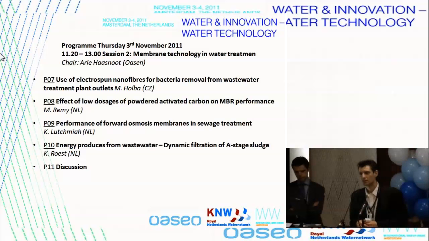You separate the hydraulic retention time from the sludge retention time. So this concept could be very interesting for the application you described, but we haven't really set the goals for the concentrations.